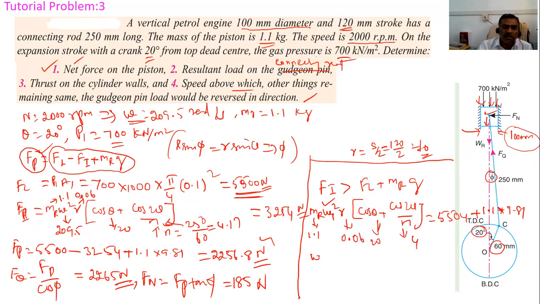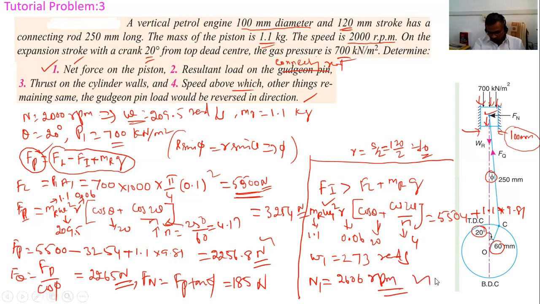Now omega 1 is equal to 273 radian per second. So if we calculate the value of N, we can take N1, which is equal to 2606 RPM. So this is a way you can solve this problem.